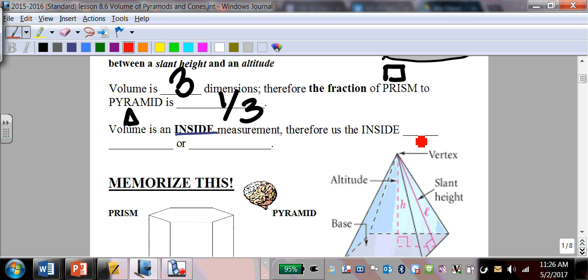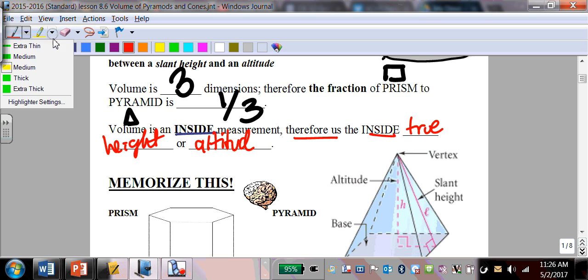If volume's an inside measurement, therefore we use the inside, what's called true height. Dr. Chow also called the altitude. So when we deal with volume, we deal with the true height, not the slant height. Be very careful with that.